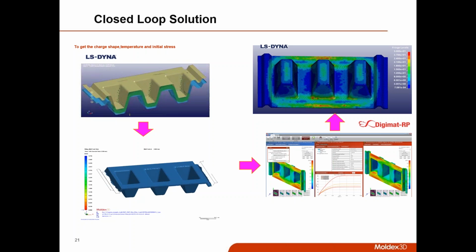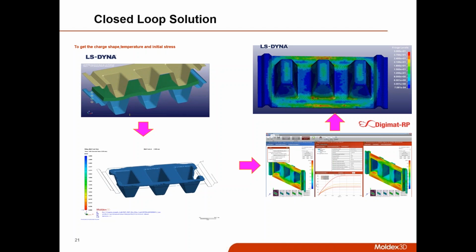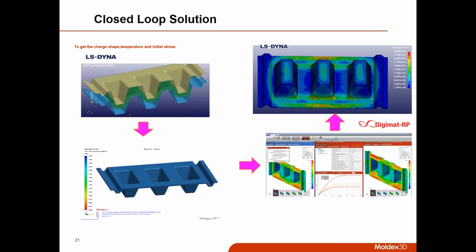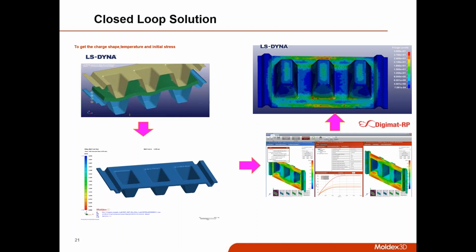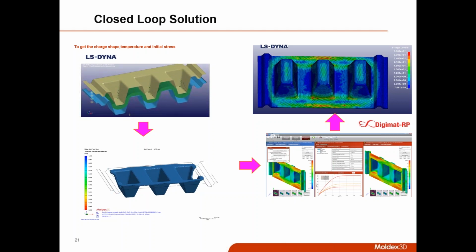Export the information from Moldex into Digimat-RP to set all the micromechanical anisotropic properties and map it onto a model, to be exported back into, here it says LS-DYNA, but any major CAE or FEA software, ANSYS, Abaqus, to do its final structural analysis on the part.